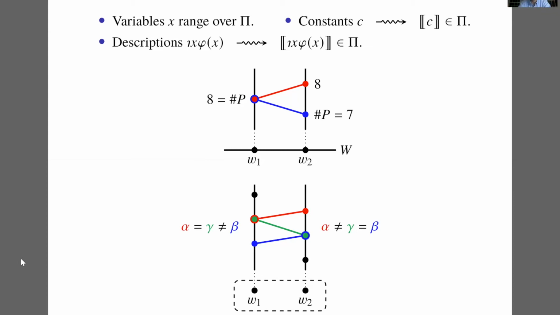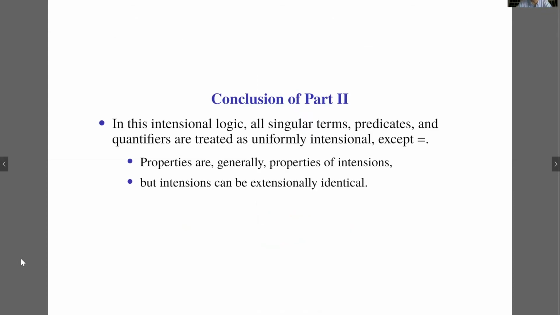So the conclusion is that in this intensional logic, all the singular terms, individual terms, predicates, and quantifiers are treated as uniformly intensional, except maybe the extensional identity. But the point is that, so far, one criterion is down, namely allowing us to model the ignorance of the cognizers with respect to the identity of individuals.